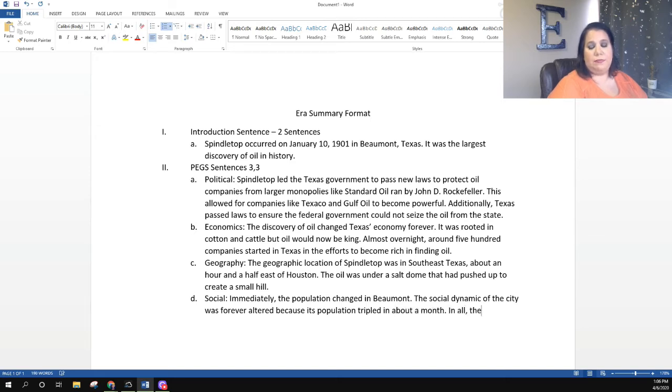In all, the town went from having about 10,000 citizens to over 50,000.